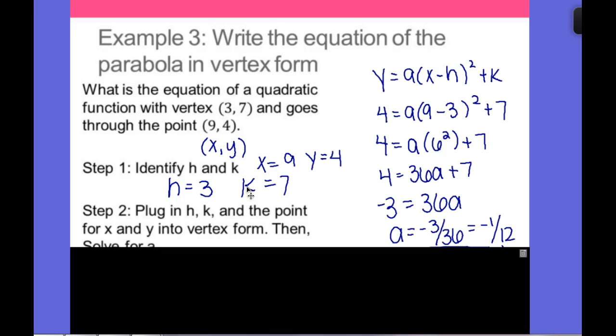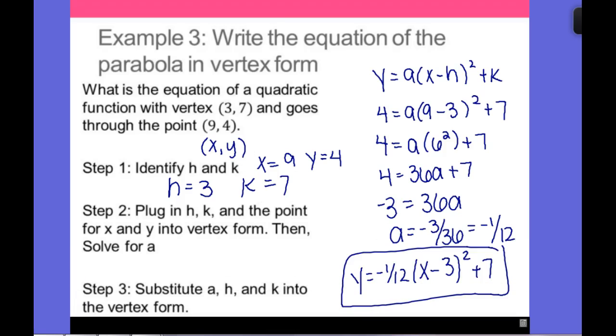So now I have h, I have k, I found a, so I can get the equation of this quadratic by replacing y and x with their original x and y values, replacing a with the value we just calculated of negative 1/12, h with 3, and k with 7.